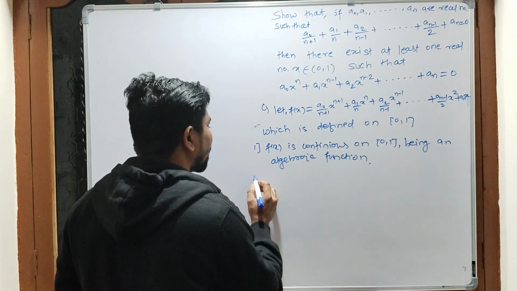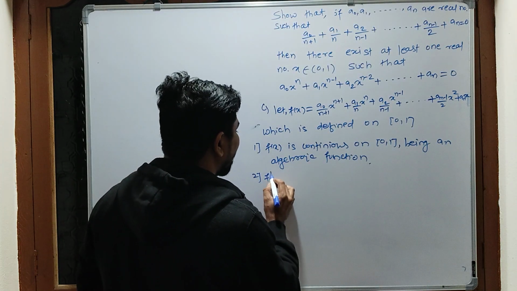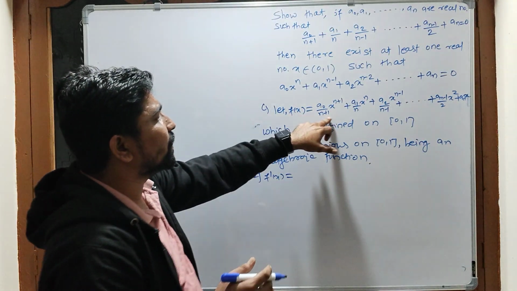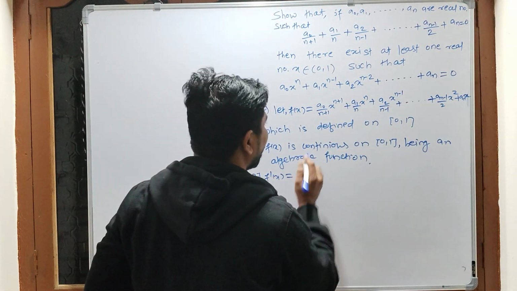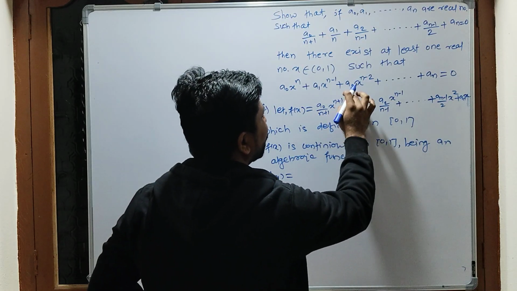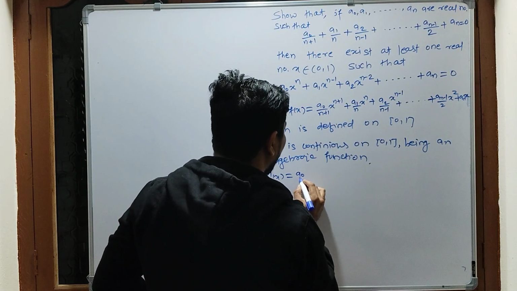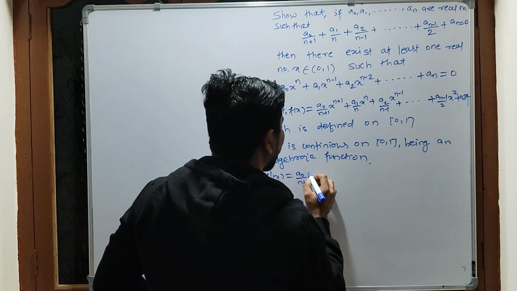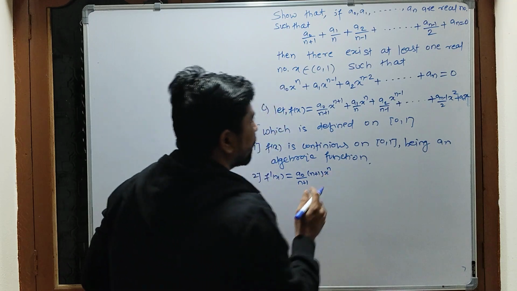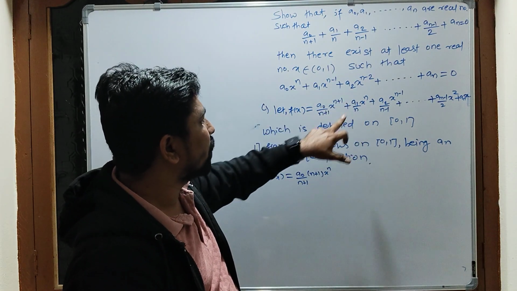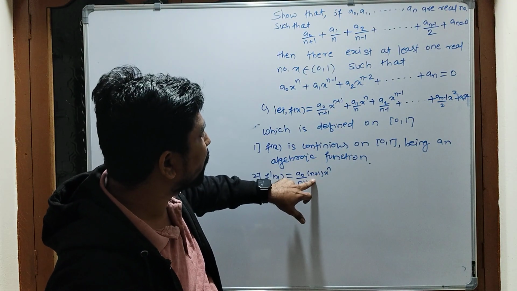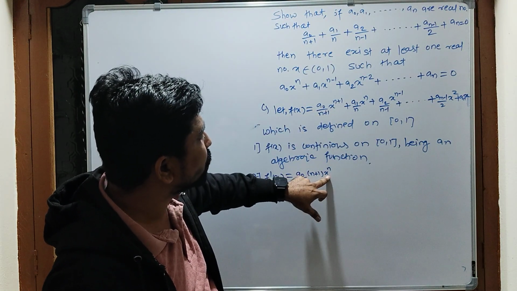Now check the second condition of Rolle's theorem. f dash of x equals the derivative of the first term, second term, third term. So a0 by n plus 1 into x to the power n plus 1.